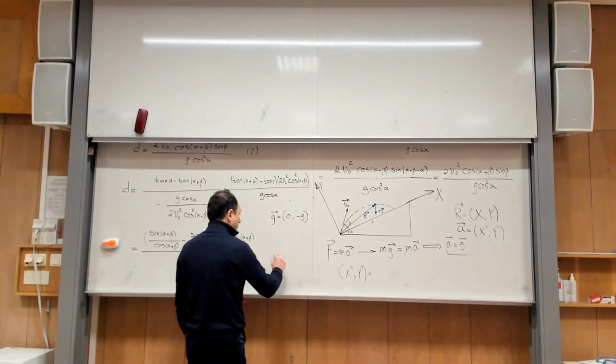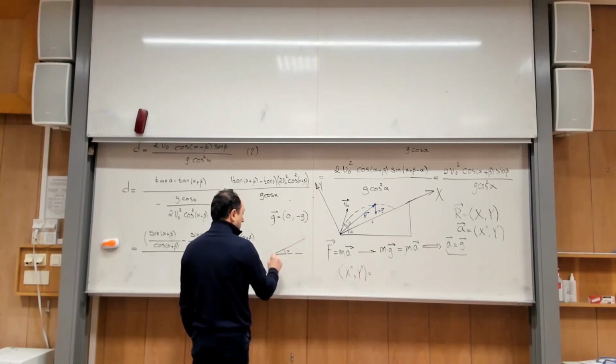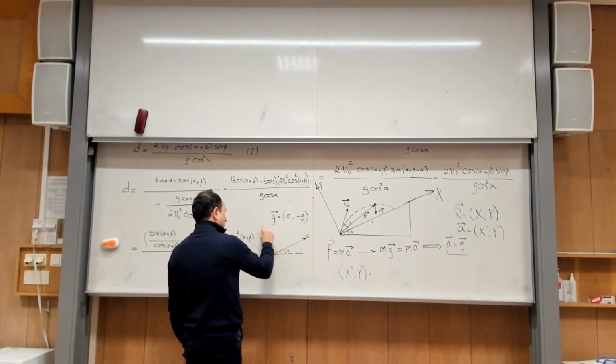So let me just draw a picture here for you. So here we have this inclination, alpha, and then this is your new x-axis, this is your y-axis, and it doesn't matter where, the acceleration is always perpendicular to the horizontal.